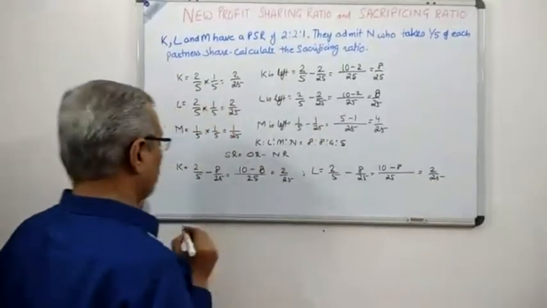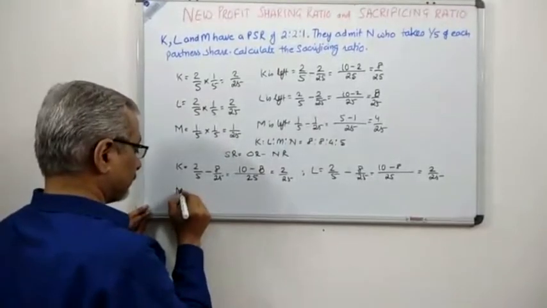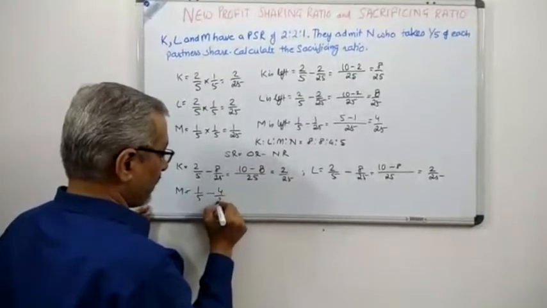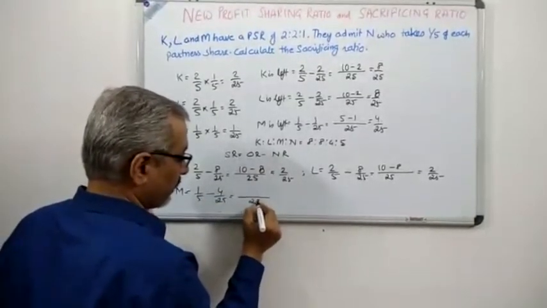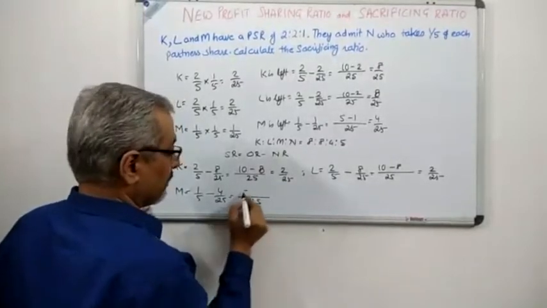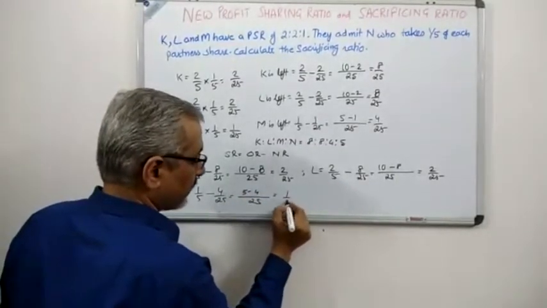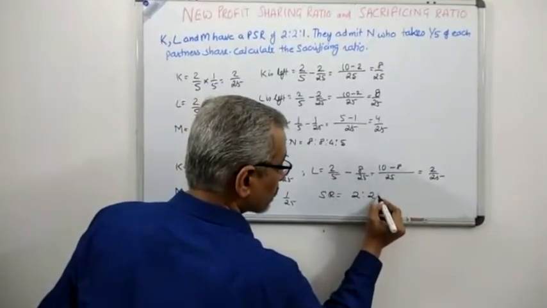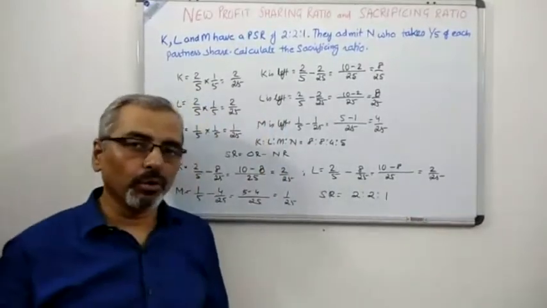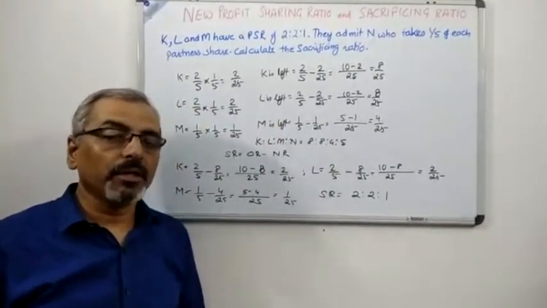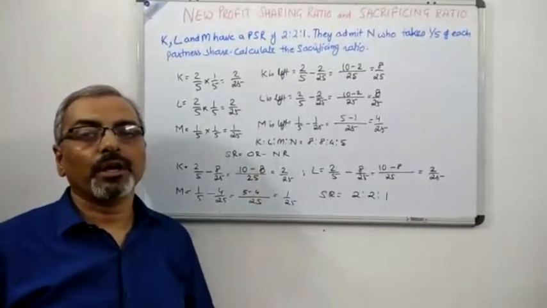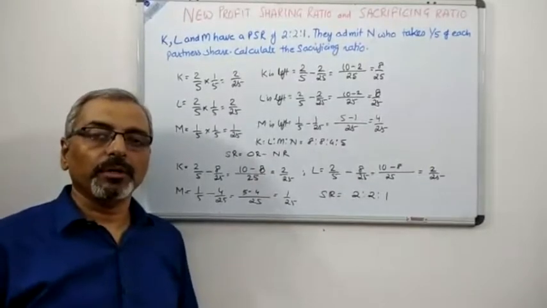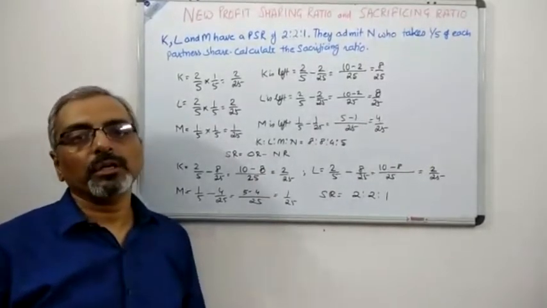And the last partner, that is M, is 1/5 minus the new ratio 4/25, which gives us 5 minus 4 over 25, that is 1/25. So here we can conclude that the sacrificing ratio will be 2:2:1. At the beginning I had told you that whenever a partner comes in and takes the same share from or of the partners, the sacrificing ratio will be equal to the old profit sharing ratio.